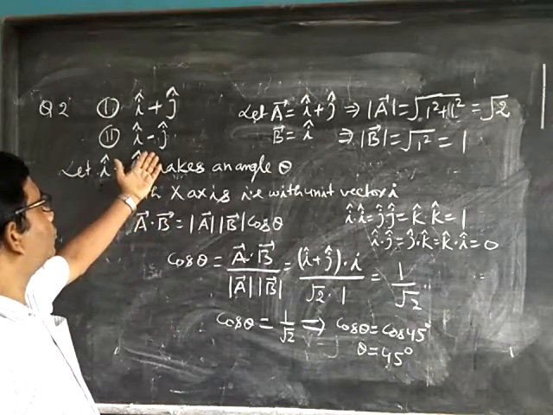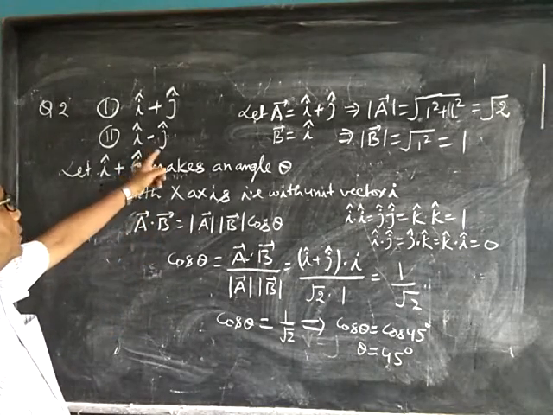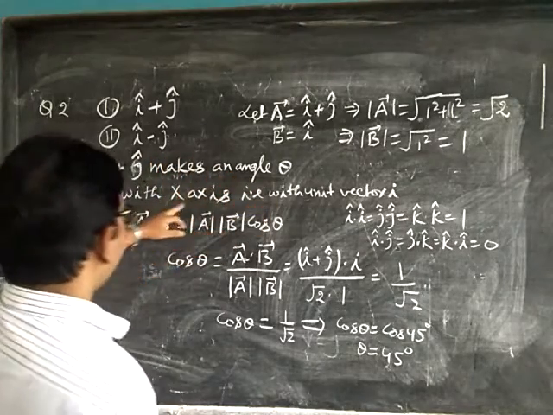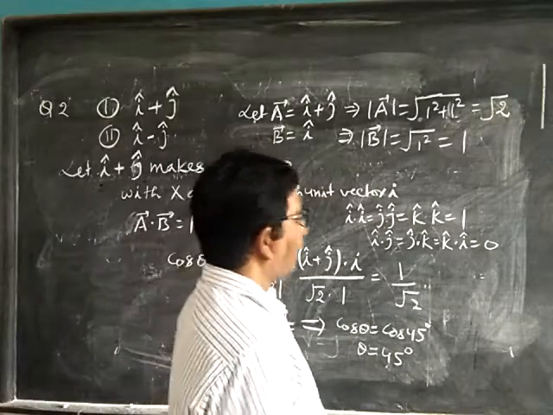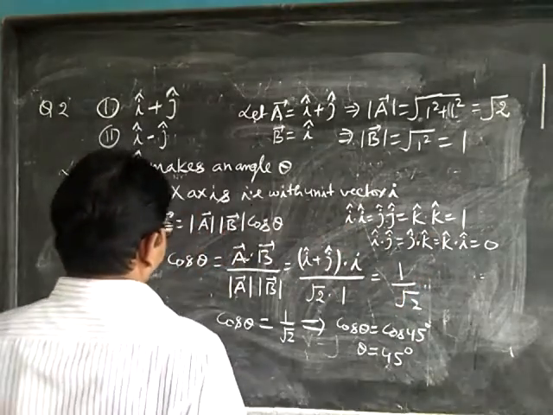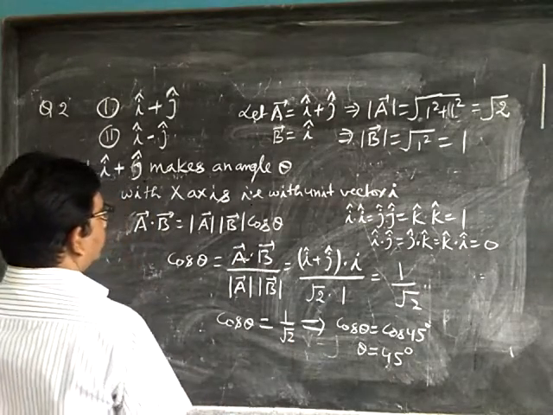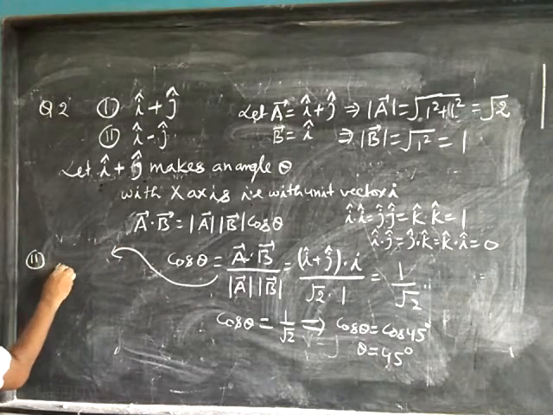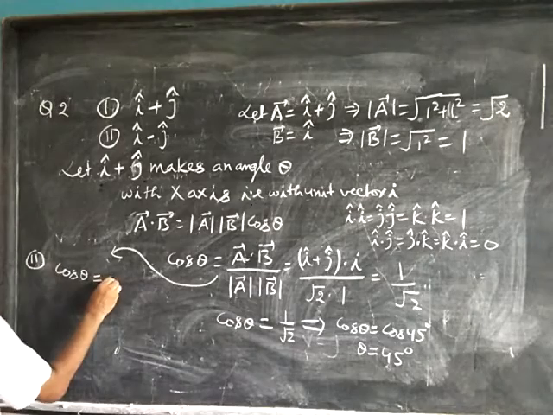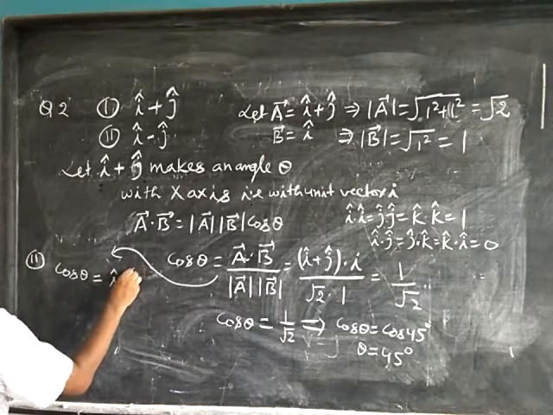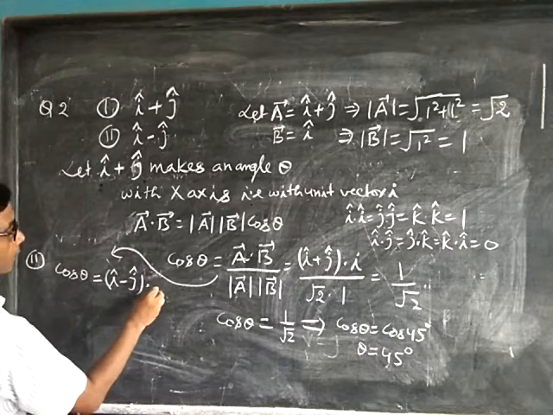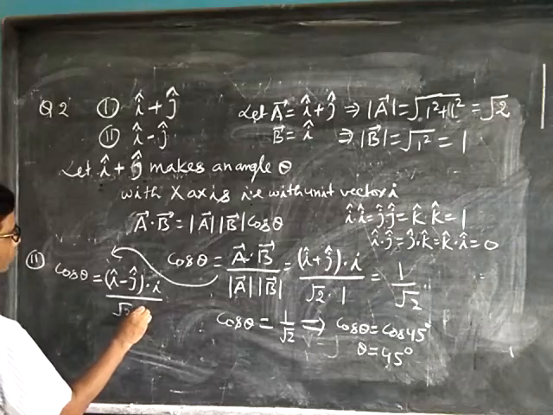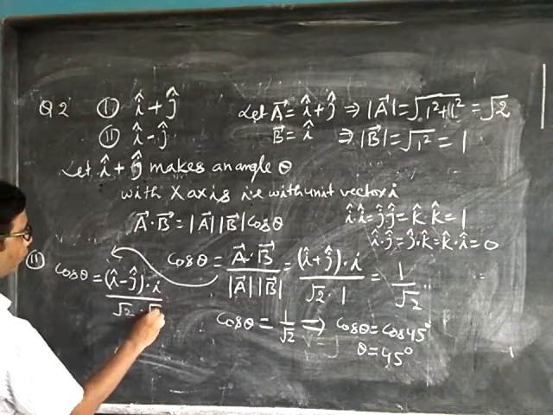Similarly, let unit vector i minus unit vector j make an angle theta with the x axis, that is, with unit vector i. Then for the second part, cos theta is equal to unit vector i minus unit vector j dot i upon under root 2 into under root 1.